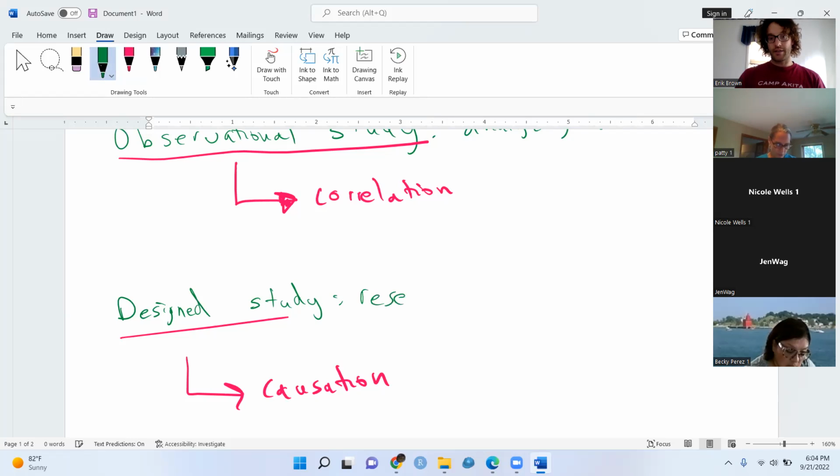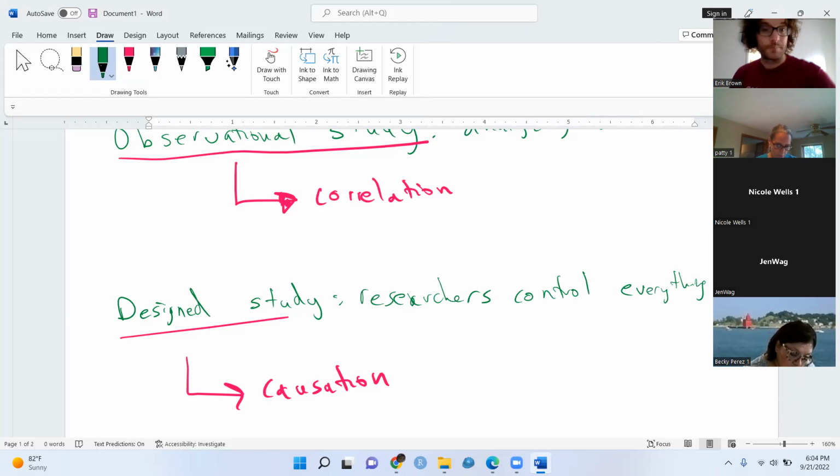So maybe the idea with the design study is the researchers control everything. It's kind of an overview. Researchers control everything. It's costly. Obviously, there are ethics things involved. There's all kinds of stuff that goes in with the design study that sometimes is just straight impossible.